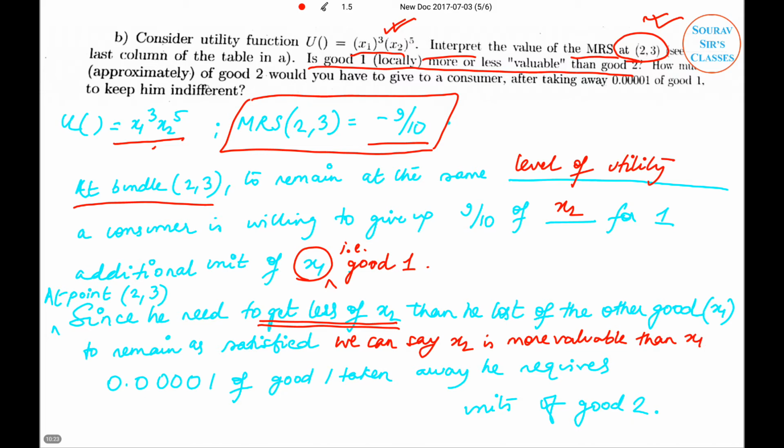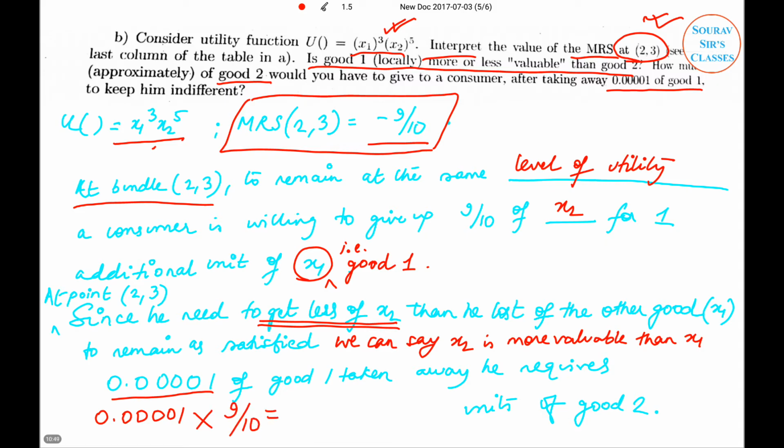That means how much of good 2 would we have to give a consumer after taking away 0.00001 of good 1? So if 0.00001 of good 1 is taken away, you take the amount of good 1 you are taking away and multiply it by the marginal rate of substitution.